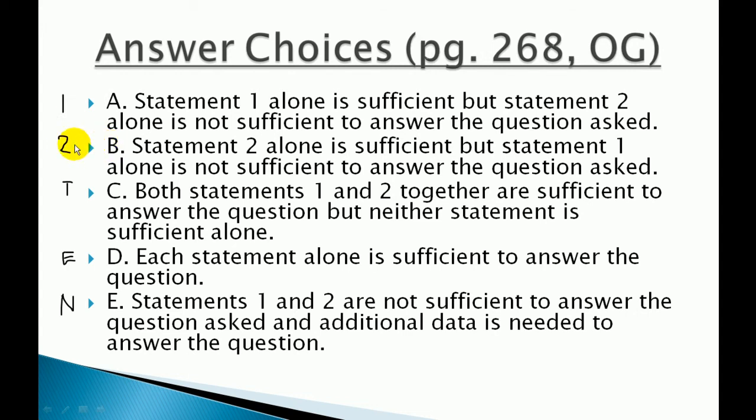Answer choice B is 2 alone is sufficient. Answer choice C is both statements together. Answer choice D is each statement alone. And answer choice E is neither. So 1, 2, 10 can be useful when you're first getting started in order to memorize what each of the answer choices represents.